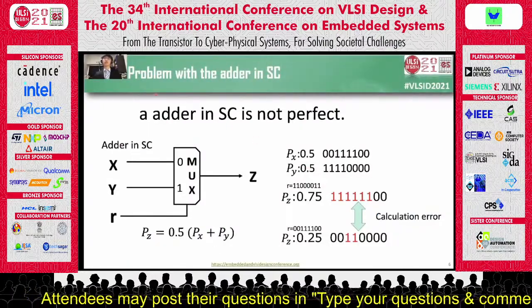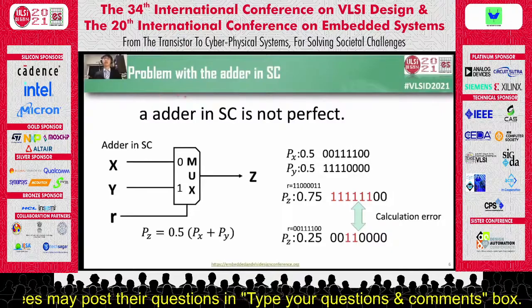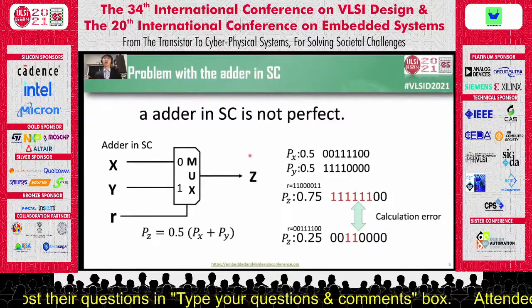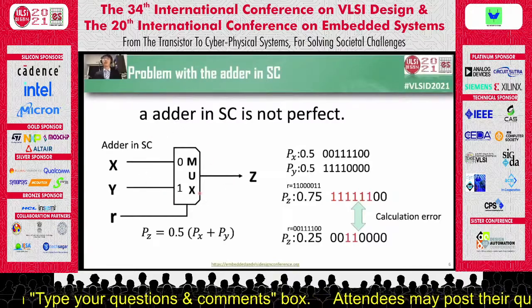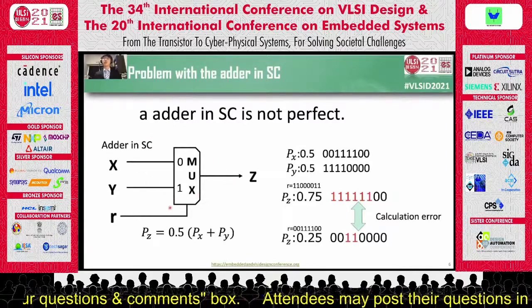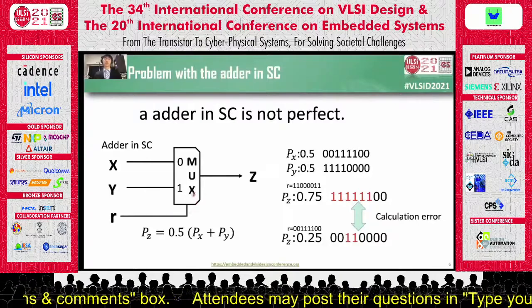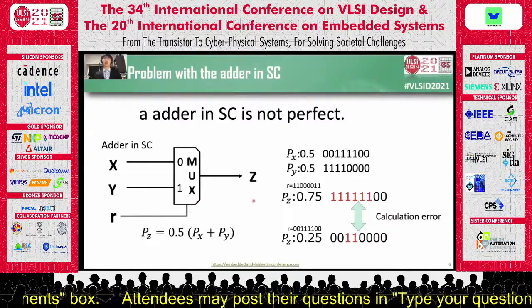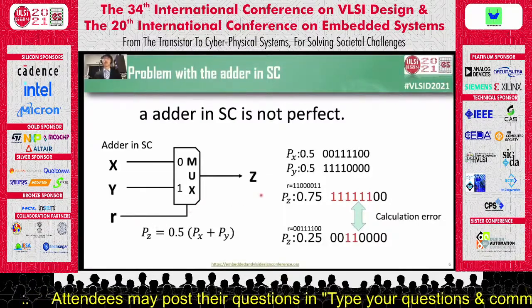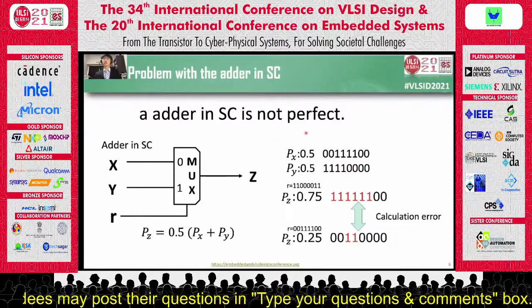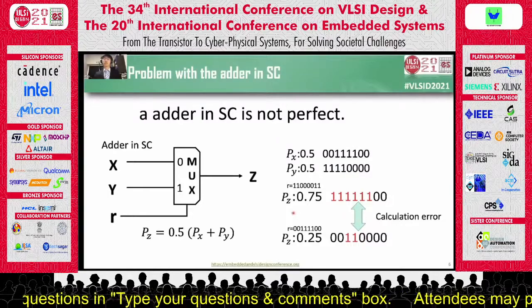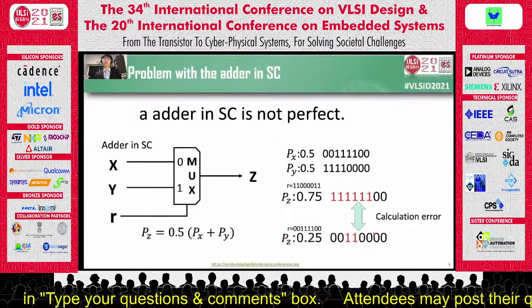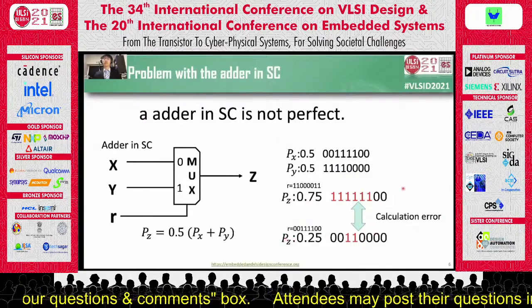However, there is a problem with the adders in SC. The addition in SC by a multiplexer may produce an error depending on the value of the select line. You can see that two cases have the same SC values for the inputs x and y, but different values of the select line, and the results are errors.